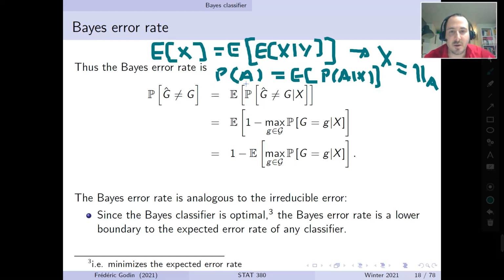So this is the rule we use: we can express the unconditional probability of an event as the unconditional expectation of that conditional probability.